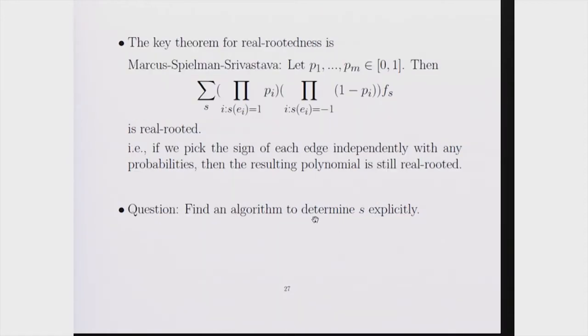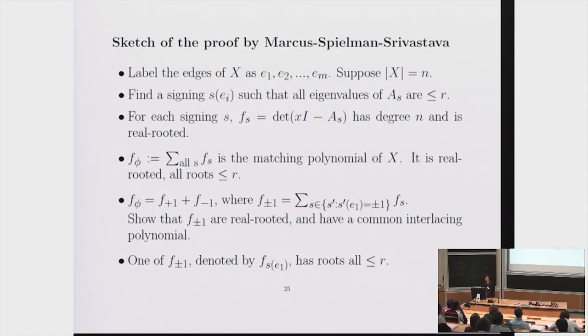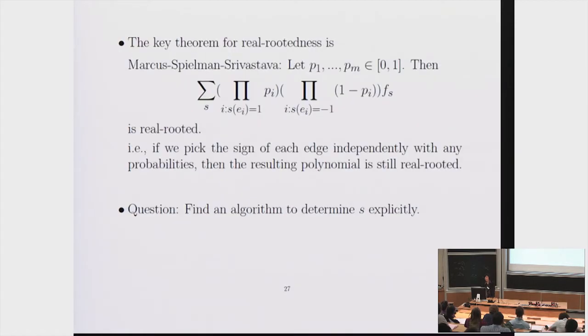So here is the key theorem: how to show that a polynomial has real roots. To begin with, we have seen that if we add up all the polynomials from all the signings, that has real roots, and we know that's bounded by R. What the MSS proof shows is a similar thing, which means the following. I still have these polynomials, this f_S associated to all the signings.